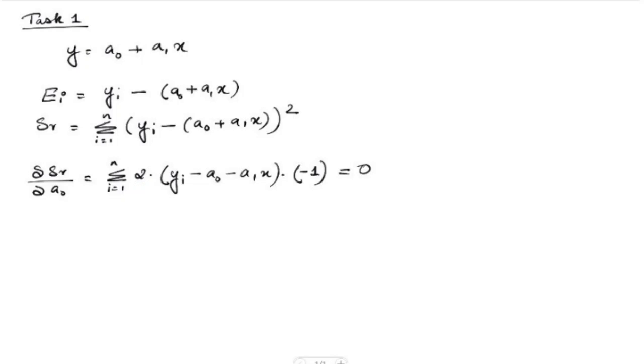So now, in a more simplified version, we'll have summation from i equal to 1 till n of yi minus a0 minus a1 x is equal to 0.